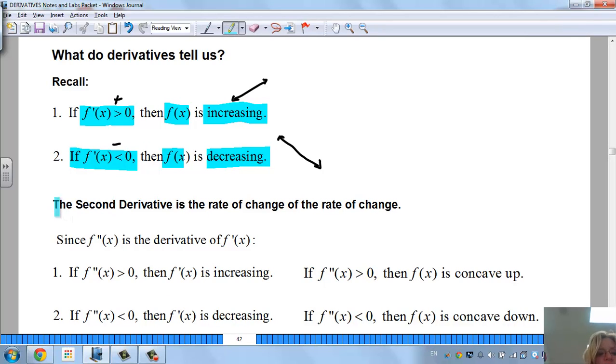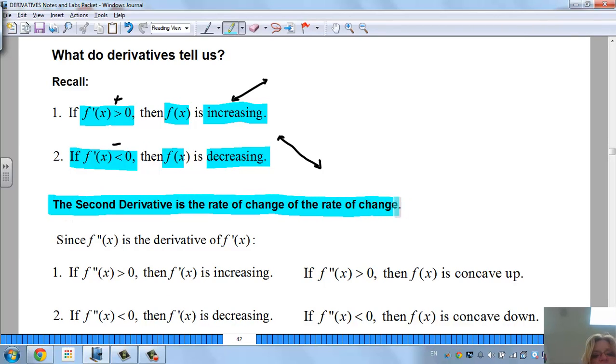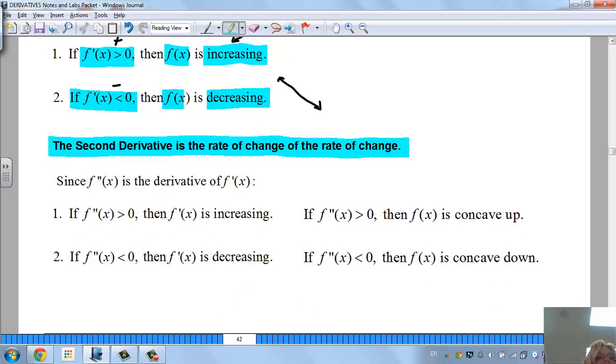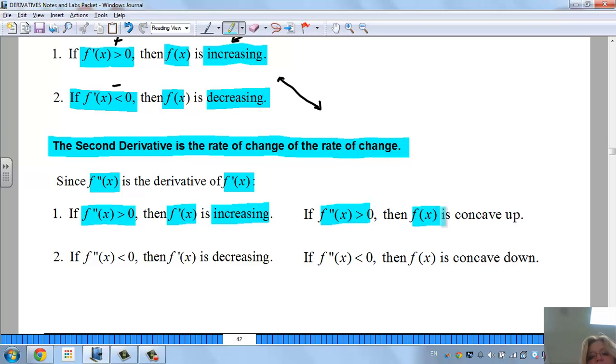Remember, the second derivative is the rate of change of the rate of change, so your slopes will change. That causes a function to curve. Since f double prime is the derivative of f prime of x, when f double prime is greater than 0, my derivative is increasing, and this causes my original function to be concave up. We talked about this: concave up like a cup.